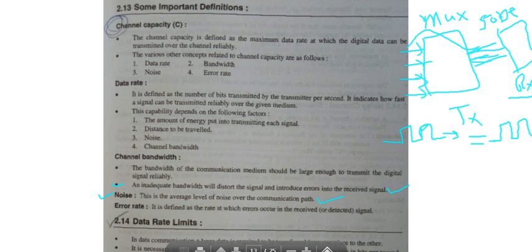The unwanted signal, noise is nothing but the unwanted signal which can be introduced in the original message signal or information signal, and it will distort our original signal and introduce an error also at the receiving end.